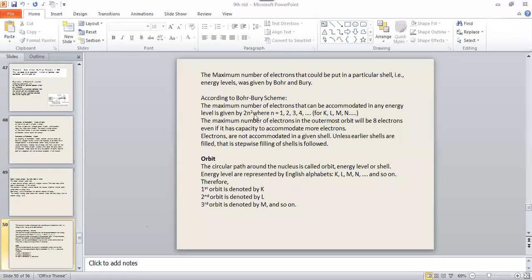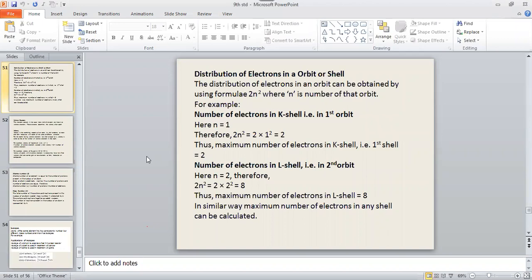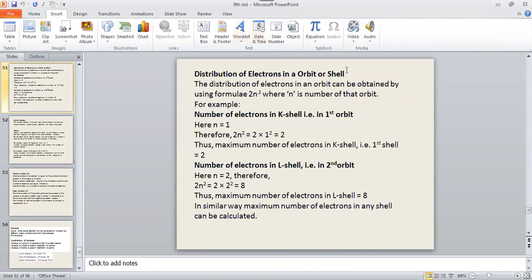The next point is the distribution of electrons in orbits or shells. The distribution of electrons in an orbit can be obtained by using the formula 2n square, where n is the number of the orbit.